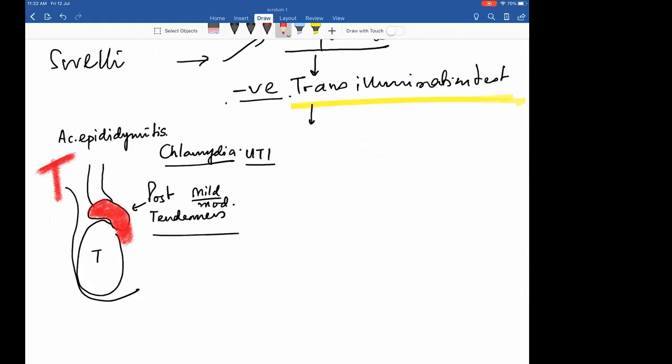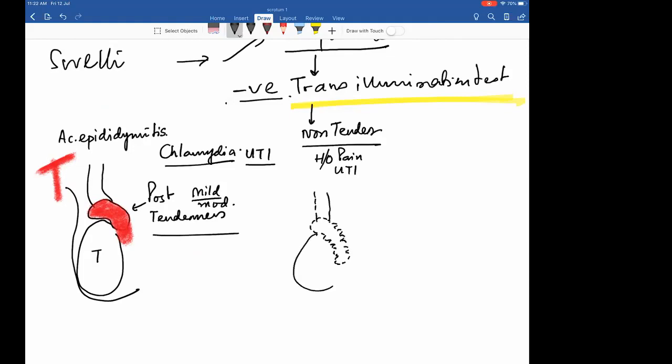Now, on the other hand, if it is non-tender, then guys, you have two problems. If there is a history of pain and a UTI, and you feel that the spermatic cord, the epididymis, has a beaded appearance. Appreciate the picture.